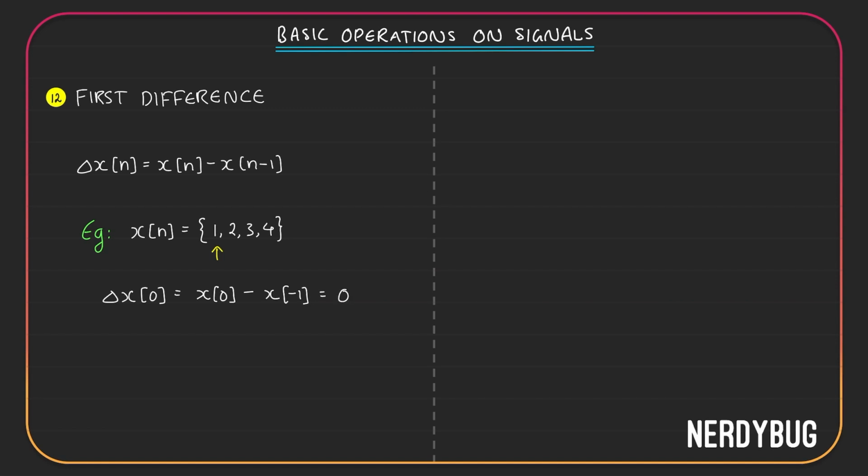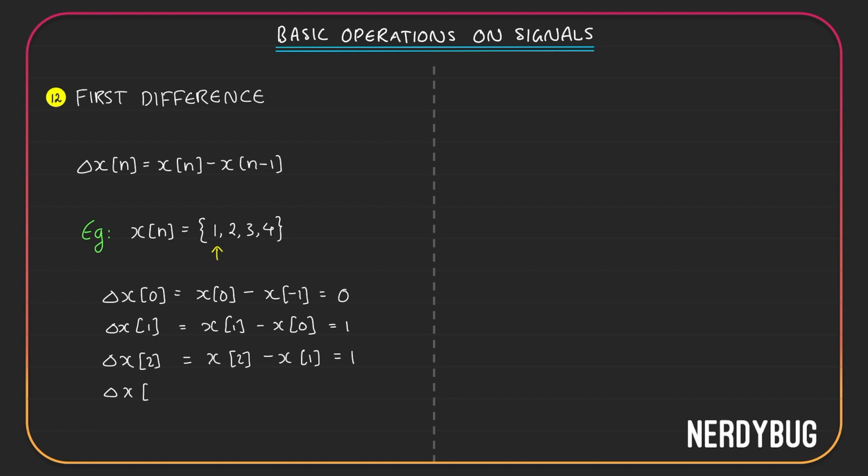So we'll get 0. Delta x of 1 will be x of 1 minus x of 0. That is 2 minus 1, which is 1. Delta x of 2 will be x of 2 minus x of 1. So 3 minus 2, that is again 1.